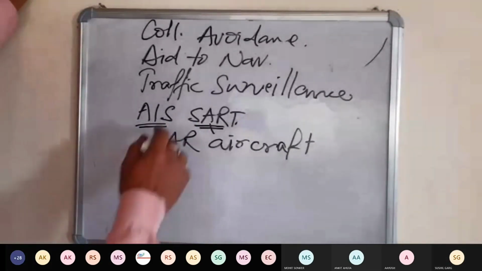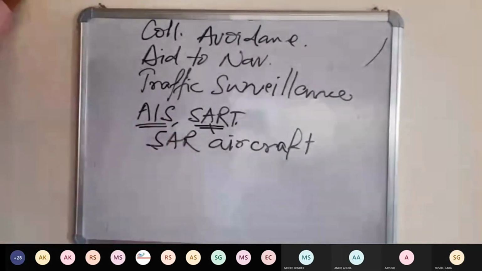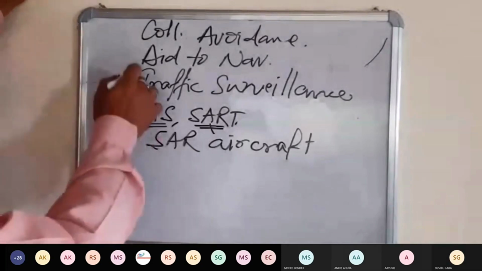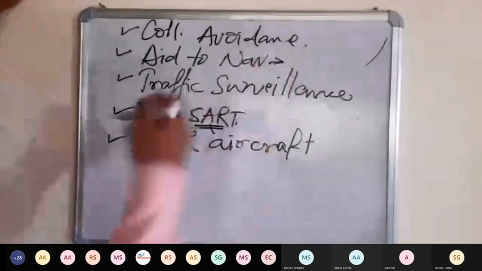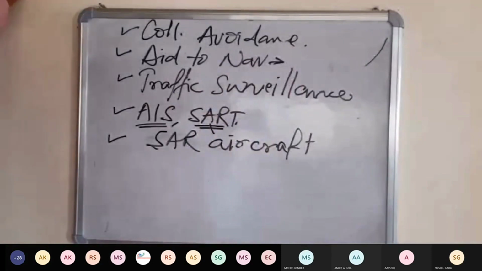So GPS module in AIS SART will indicate the position very clearly. So you can just start the course and proceed for the rescue if you are in a position to render assistance. So these are various usage of AIS. In aid to navigation, we have already seen virtual AIS, pseudo AIS.